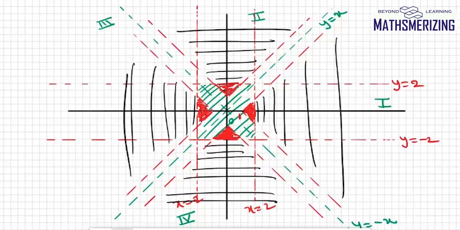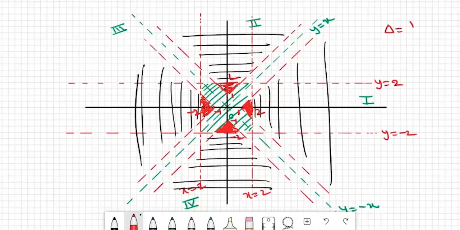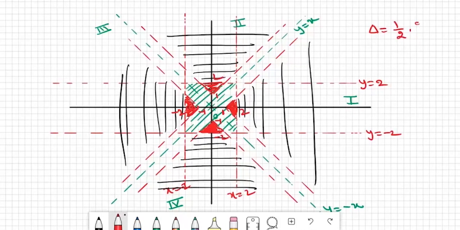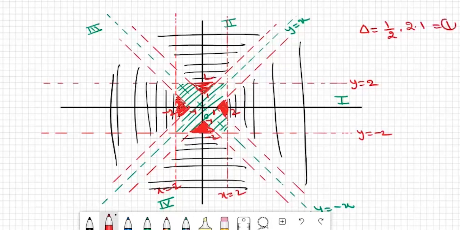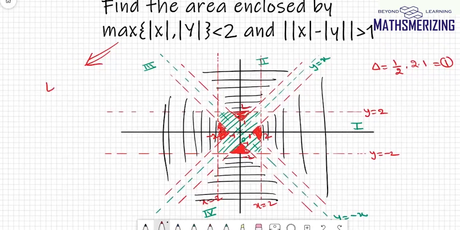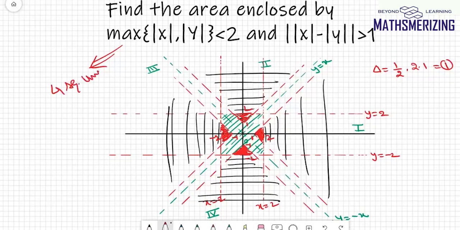This is 1, 2, minus 1, minus 2, again 1 and 2, minus 1 and minus 2. Now each of these areas is a small triangle. I can find the area of one triangle. The area of any triangle is given by half base times height. Now base is 2 units and height is 1 unit. So each of these triangles has an area of 1 square unit. So the area enclosed by these two curves is 4 square units.